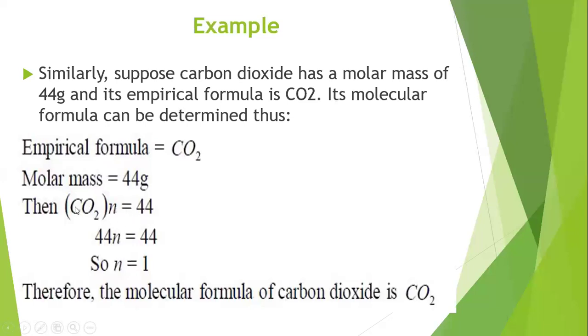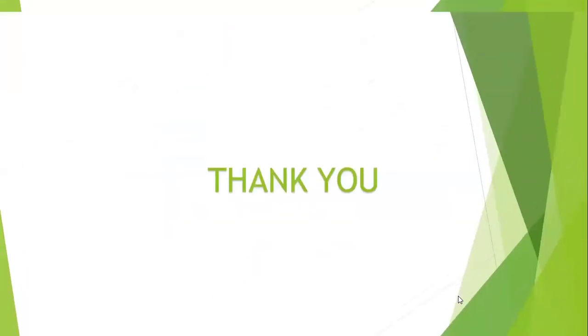So the mass of CO2 is 44, so 44n equals 44. To make n the subject, you divide by 44 on both sides, so n is equal to 1. So if you take this 1 and multiply it with CO2, you get CO2. I hope it's clear, guys.